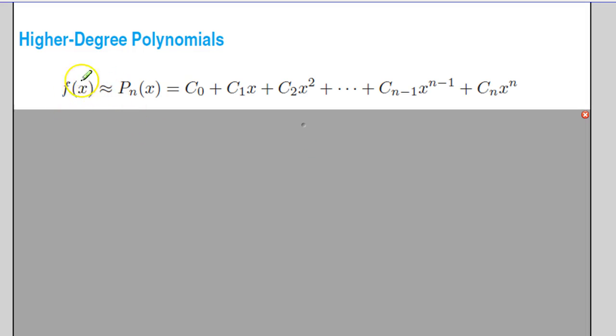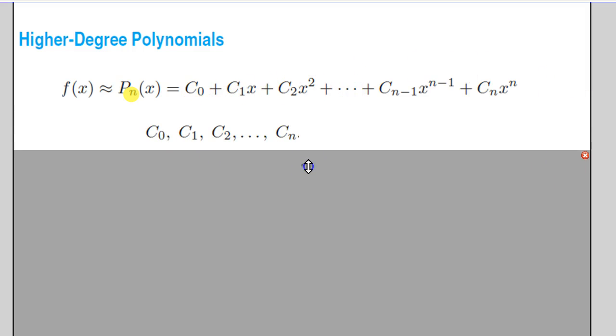So if we have a function f and we want to approximate it with the Taylor polynomial of degree n, then we use this expression right here because this represents an n-degree polynomial. And the idea is, in order to figure this out more exactly, we need to know what the coefficients C0, C1, C2, all the way up to Cn are.